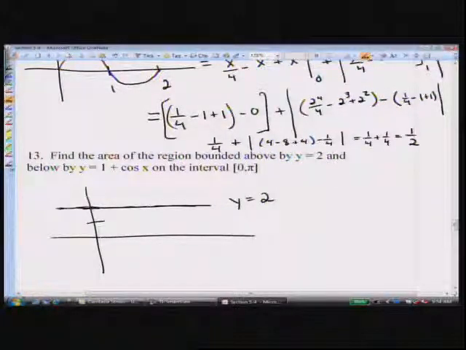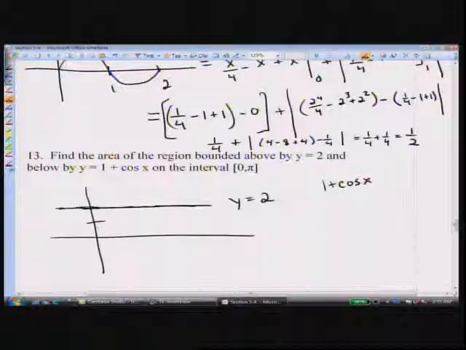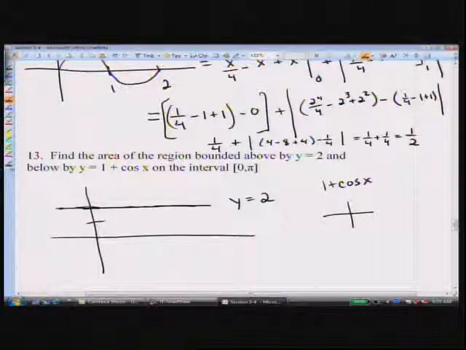Now, the cosine function from 0 to pi is just a decreasing function, because the cosine decreases. The cosine of pi is, let's see, 1 plus the cosine of x. The cosine of pi is -1, right?